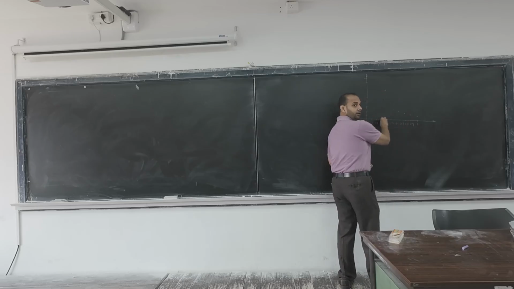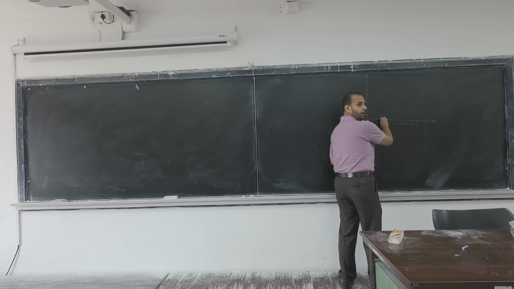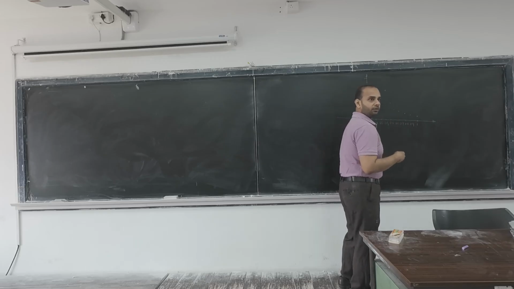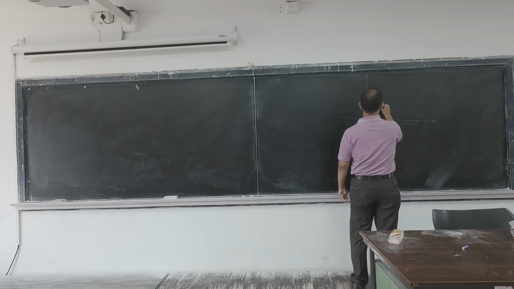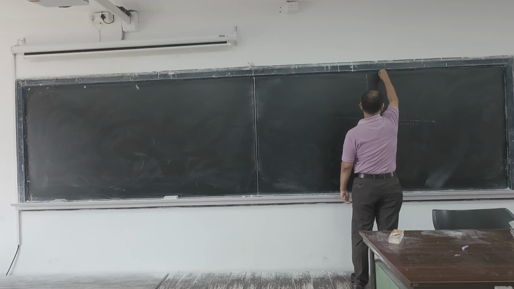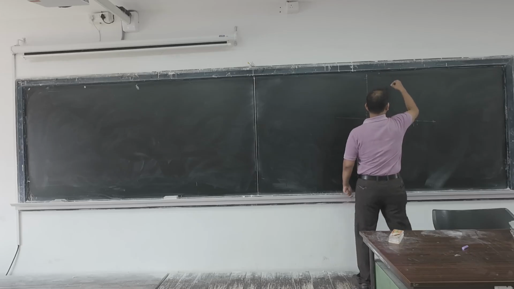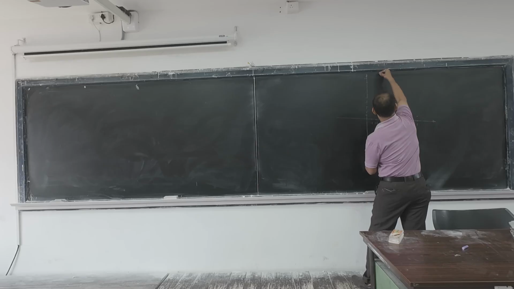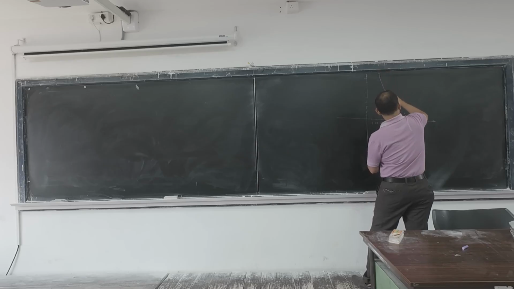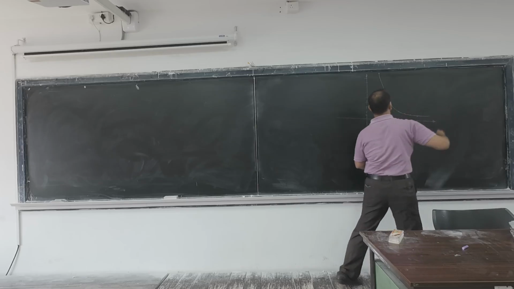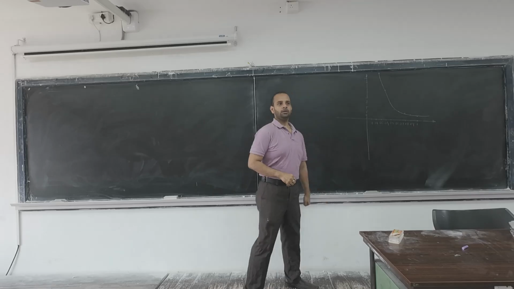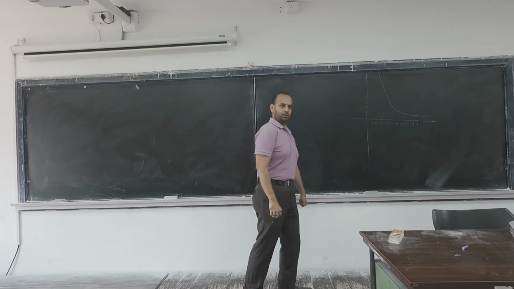For 0.3, okay, 1 by 0.3 square, I mean 1 by 0.09, 11.1. Now if we join these, you see exactly this hyperbola will come, right?